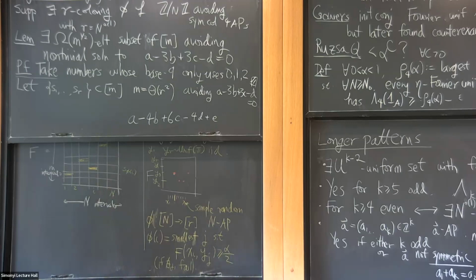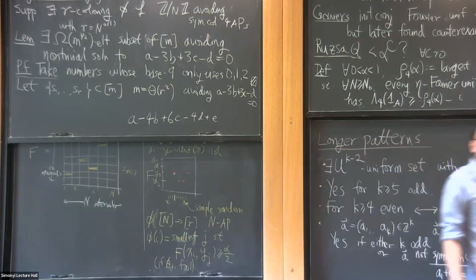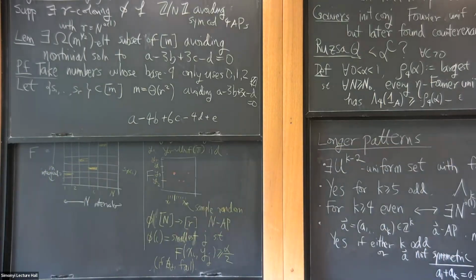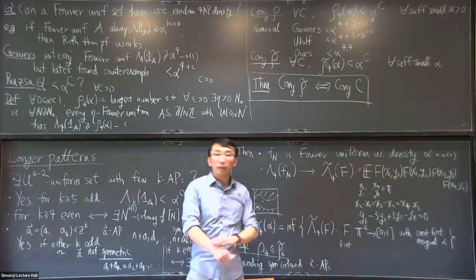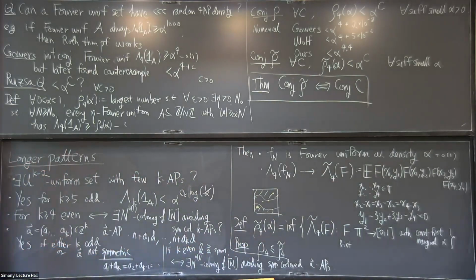Yes. If you restrict this function big F more, you want it to be, I don't know, polynomial or some other kind of restricted class of functions. Yeah. Do you end up with something interesting? So you want to restrict big F, not little f. Yeah, so maybe big F is enough to come up with good, low density AP-free sets.